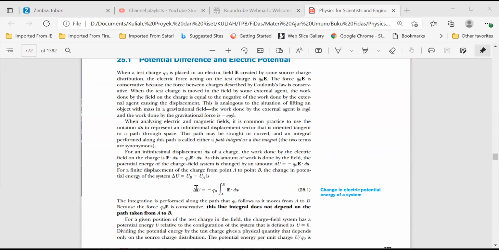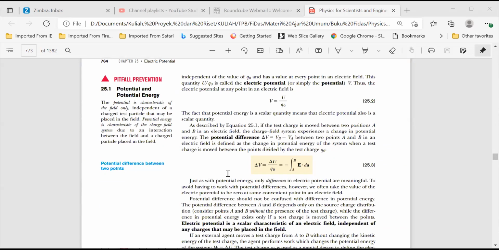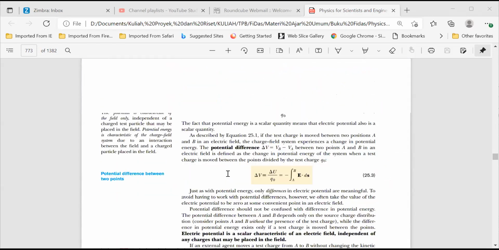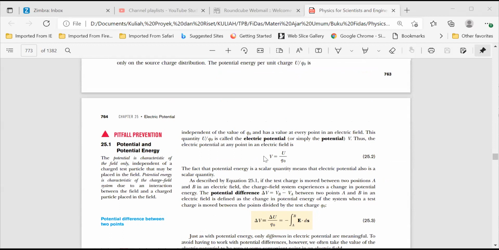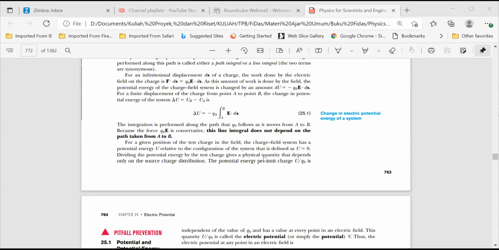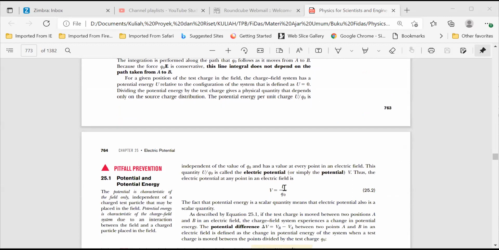This source charge is trying to move this test charge from point A to point B. Using this formula, the relation between the potential energy and the potential function is that V is the potential function and capital U is the electric potential energy.